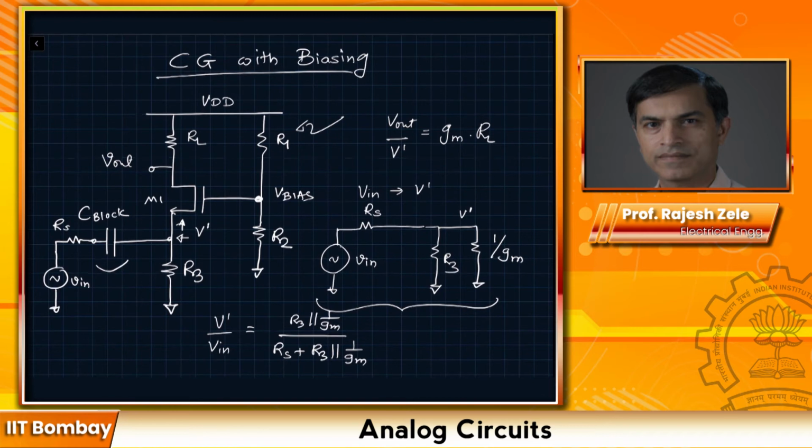We can extend this to gain by simply putting V out over here, and then that would get multiplied by Gm times RL. So this is a quick way to analyze the circuit.